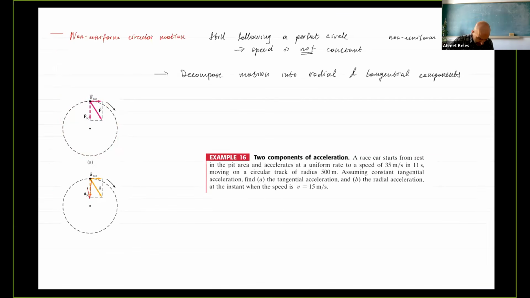And we can talk about Newton's law for these decomposed coordinates, like tangential acceleration and radial acceleration. The magnitude of tangential acceleration is the amount of change in the speed, dv/dt. Pay attention that I didn't write vectors. If your velocity is 5 here and 10 here, you just take 10 minus 5 divided by time.